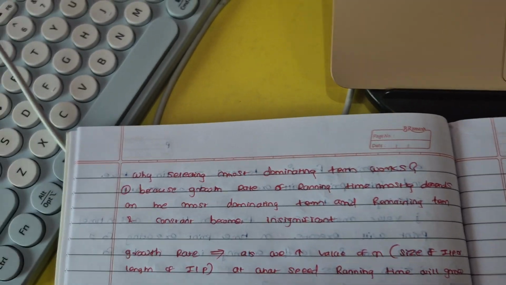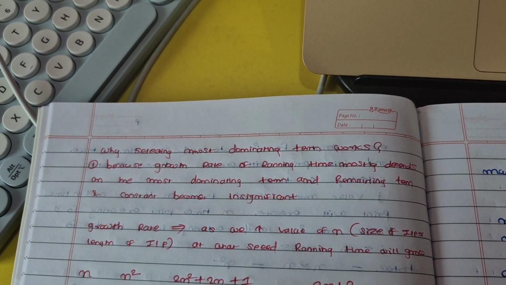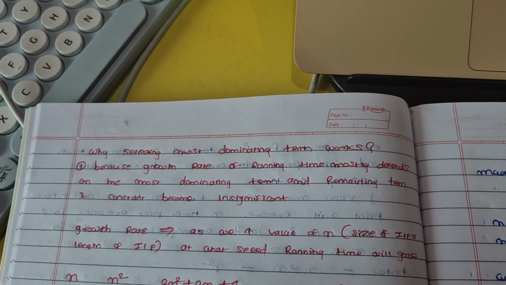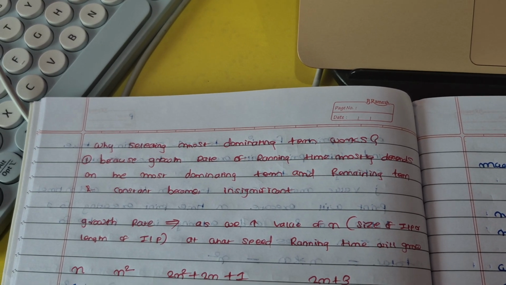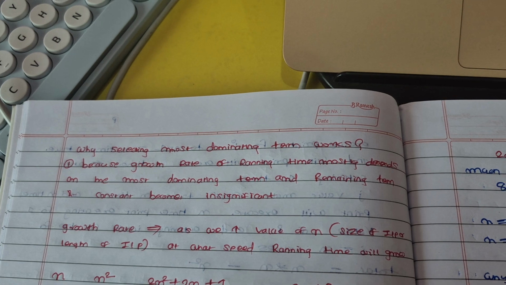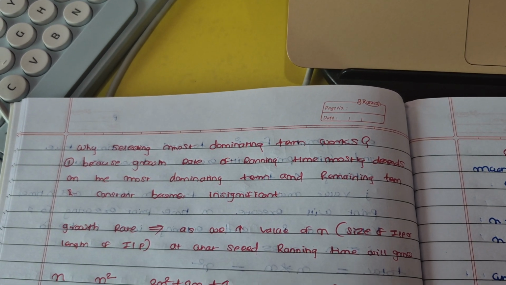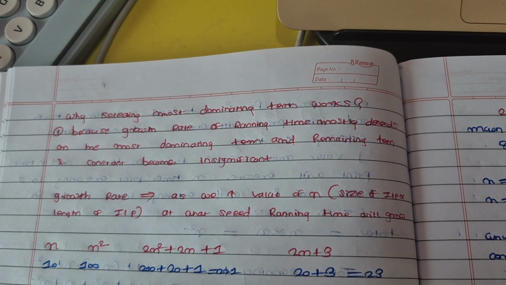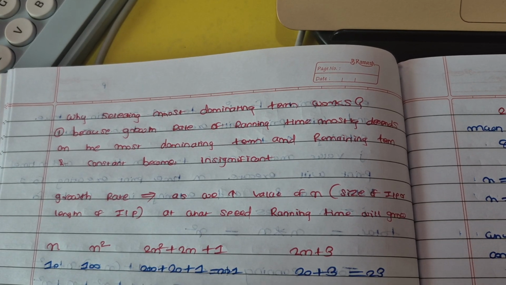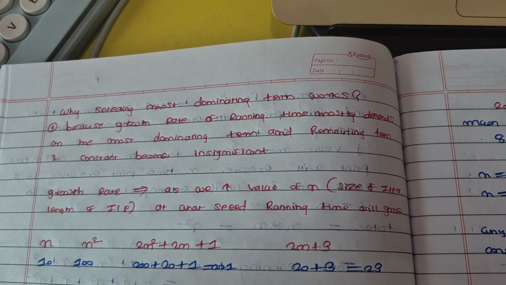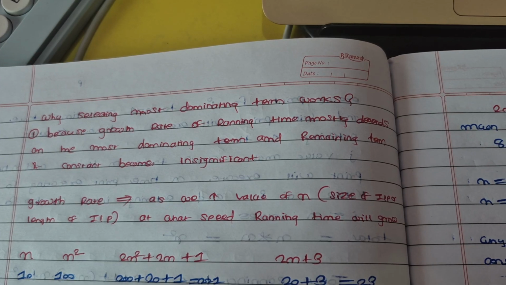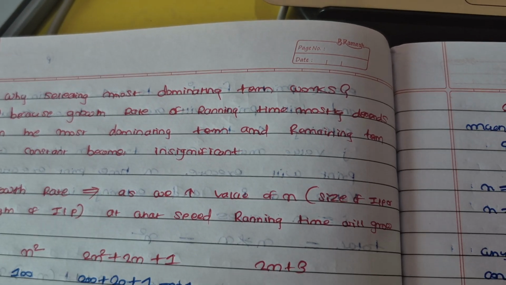There might be a question why we select the most dominating term, why it works. Because the growth rate of running time mostly depends on the most dominating term, and the remaining terms and constants become insignificant. Growth rate is, as we increase the value of n, which is the size or length of the input, at what speed the running time will grow.